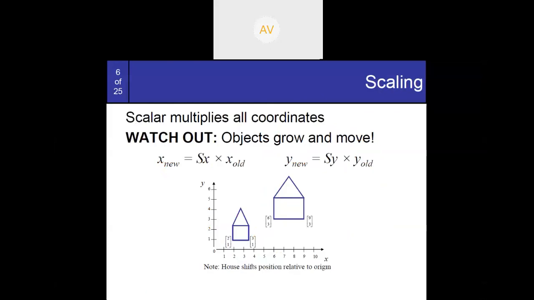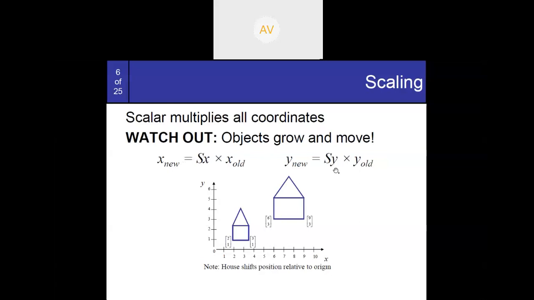Then the scaling transformation matrix: the scalar multiplies all the coordinates. There are two types of scaling: one is called uniform scaling, and one is called non-uniform scaling. Uniform scaling means scaling the object in the x direction and y direction with equal values. Sx, scaling in x, and Sy, scaling in y, should be equal.